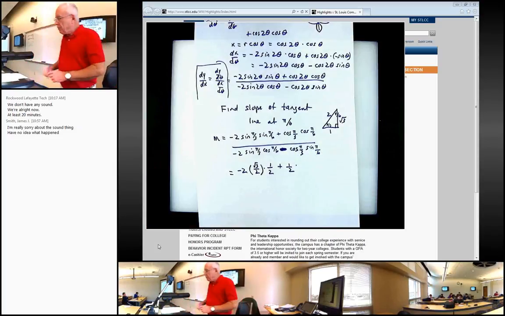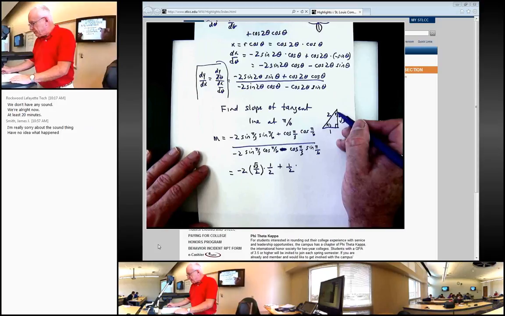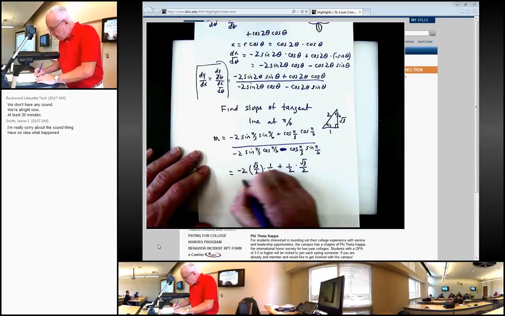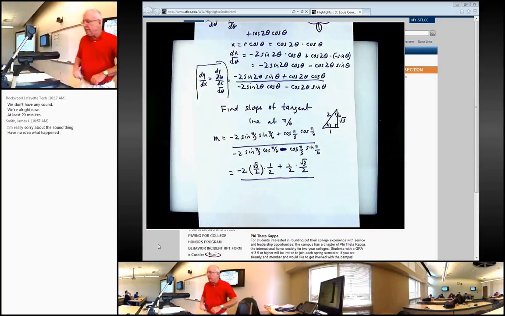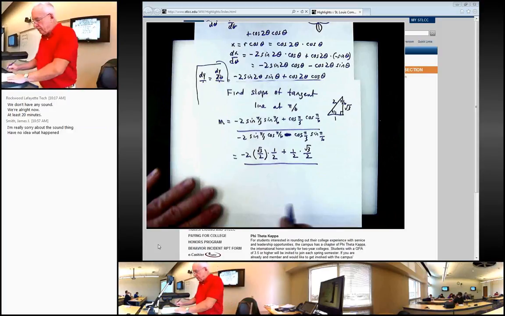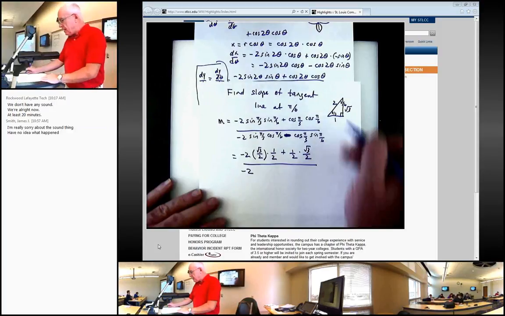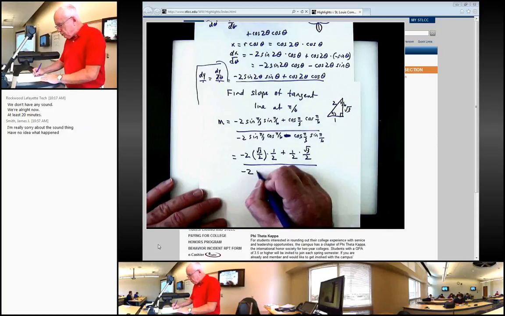Cosine of pi over 6, so we're back up to this angle, is going to be the square root of 3 over 2. So we've got kind of a mess up there, and we're going to have kind of a mess down below also. Minus 2 sine of pi over 3 is now going to be square root of 3 over 2.